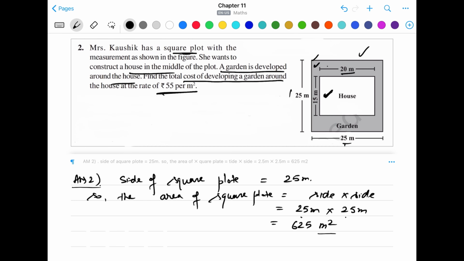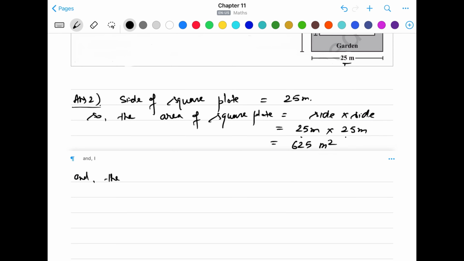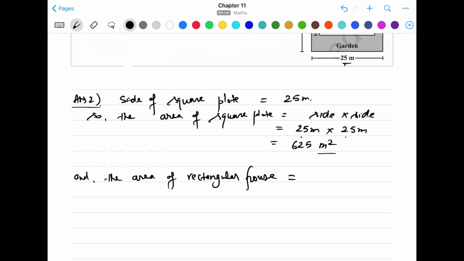Now we are going to calculate the area of this rectangular house. The area of the rectangular house will be given by multiplying length into breadth.